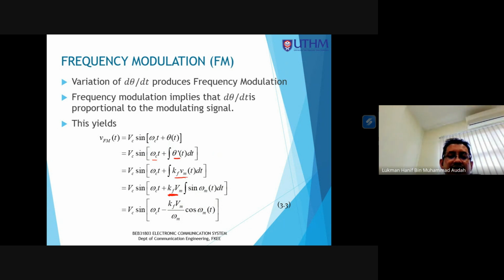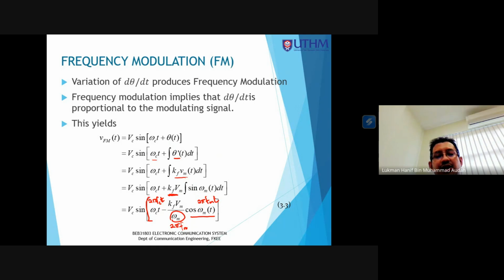So this is equal to Vc sine(omega c t, which is 2 pi fc t, minus Kf Vm over omega m, where omega m is 2 pi fm, times cos omega m t, which is cos 2 pi fm t). Finish.